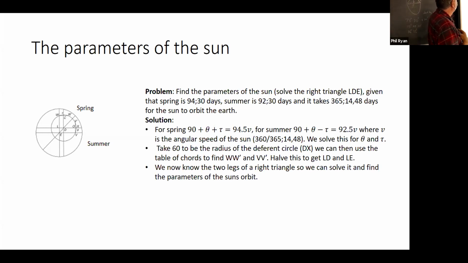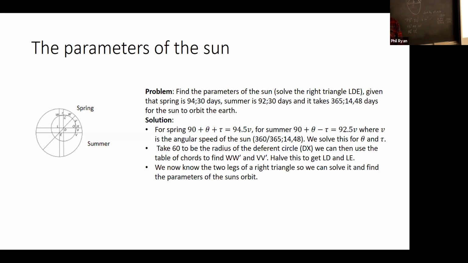You then go to your book of chords, and you say, well, here is the sun's circular orbit. Let's say its radius, the distance from the sun to the center of its circle, is 60. You do that so that you can use the table of chords. You can then figure out these corresponding arc lengths. And you halve that, and then you've got the legs of the right triangle.